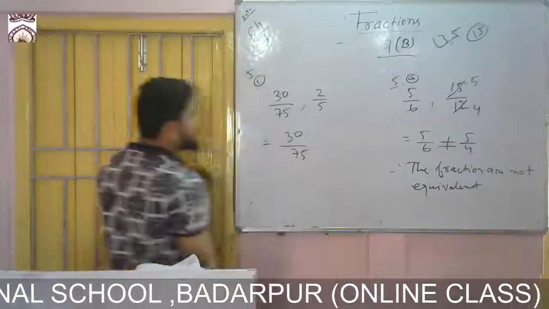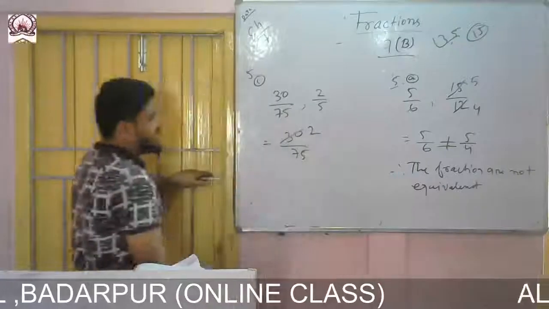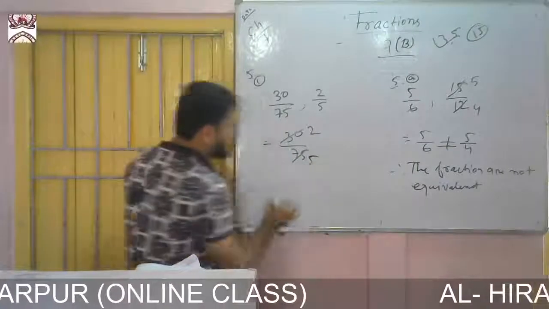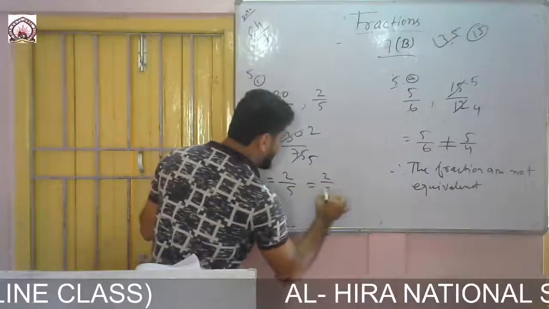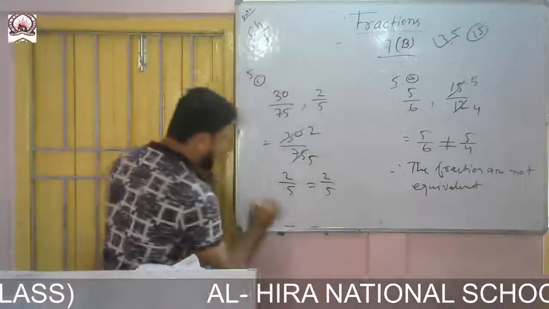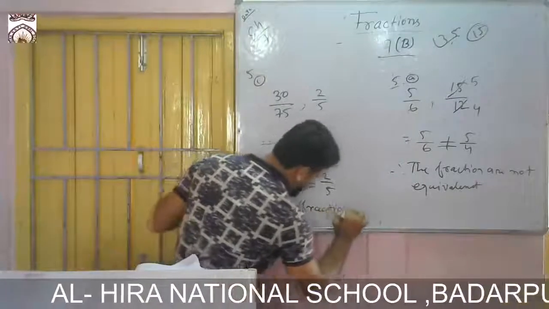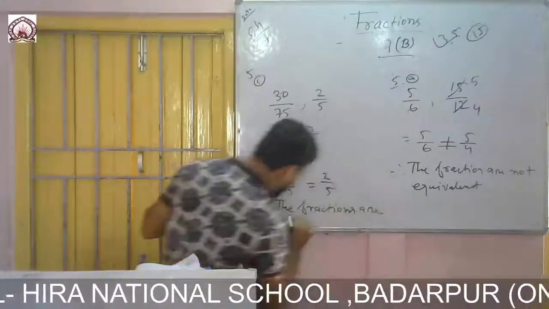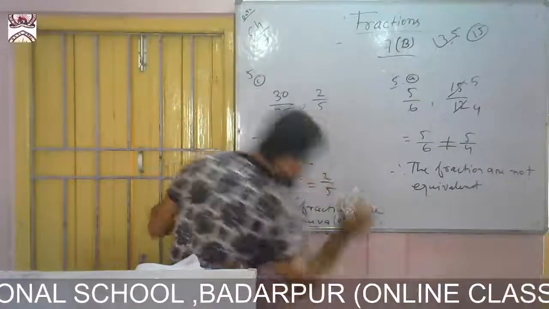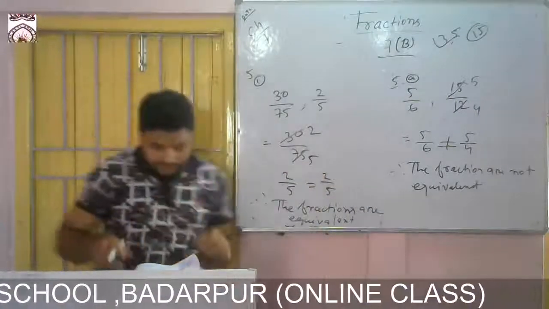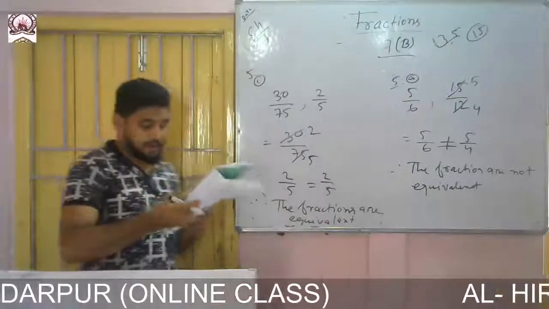If you cancel, then with 15, 15 2s are 30 and 15 5s are 75. So 2 by 5 equals 2 by 5, okay. Therefore the fractions are equivalent, okay. So like this you can check all, okay, these all are same.